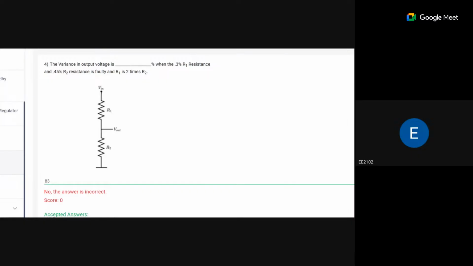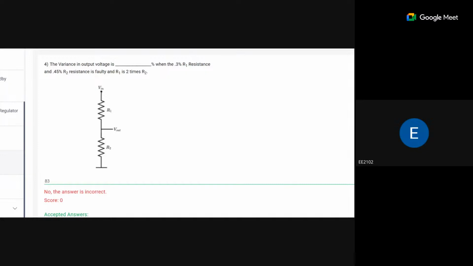For example, if I'm using a 10 ohm resistance, it should produce a certain drop across that 10 ohm, but it is not producing it. That means there is some fault in the resistance value. Whenever we measure, that 10 ohm will not show 10 ohm; it will show something like 9 or 8 ohm. Those kinds of things are known as faulty.